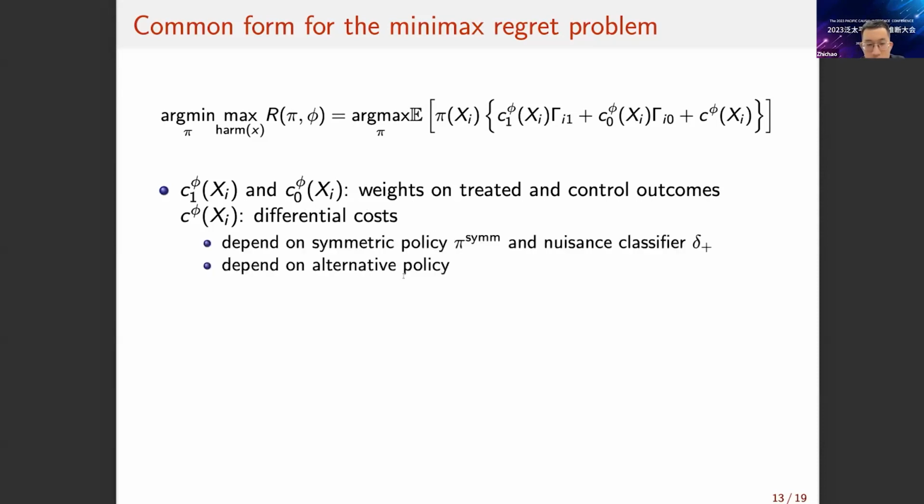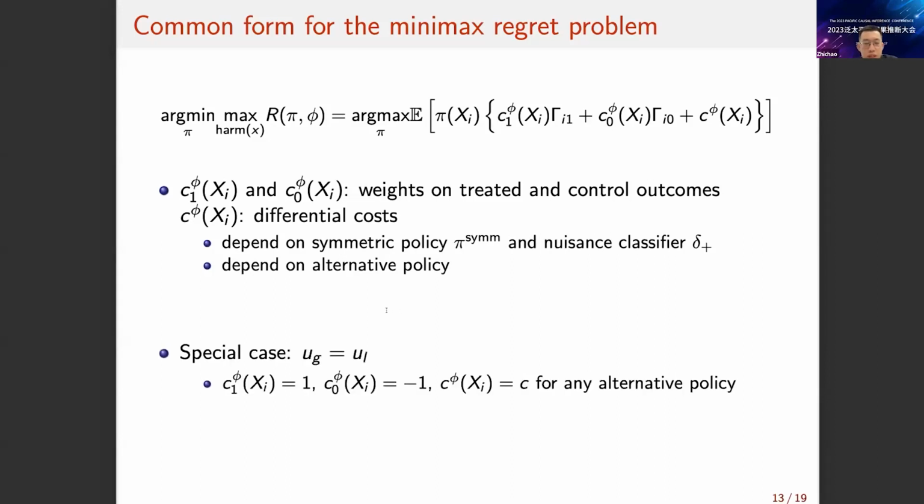And these functions depend on the symmetric policy pi sim and the nuisance classifier delta plus, and the function forms vary with different alternative policies. And as a special case, if UG is the same as UL, we will have C1 equals 1, C0 equals -1, and the cost function equals C for any alternative policy. So the robust optimization approach reduces to the classic policy learning.